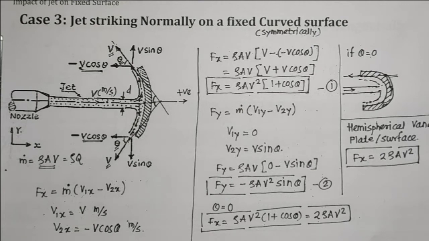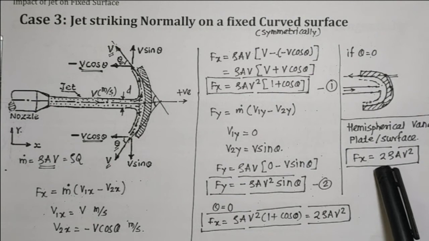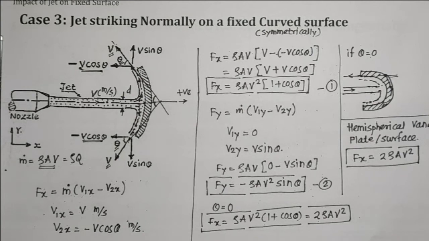You may remember that on a flat plate, if we apply a jet, the x direction force is nothing but rho a v square only. But if we replace that flat plate with this hemispherical vane or surface, the force will become twice. So you have to remember this derivation as a very important derivation. Many times they may ask very tricky questions in the examination, so you have to answer them properly.